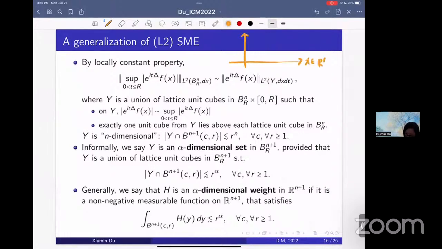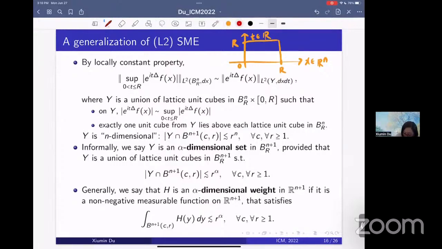Here we have x in R^n, t in R. And this is the R-ball in x space, and this is a time interval from 0 to R. By the locally constant property, the absolute value of the Schrödinger solution is essentially constant.